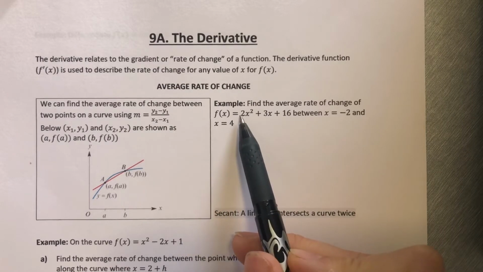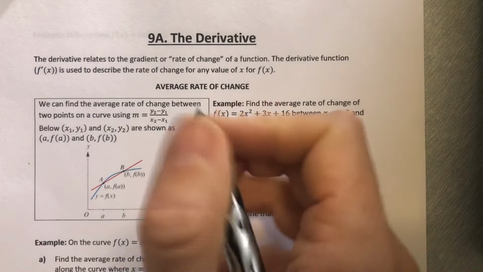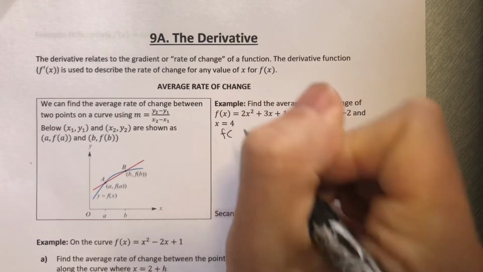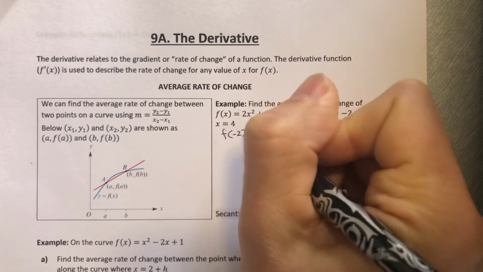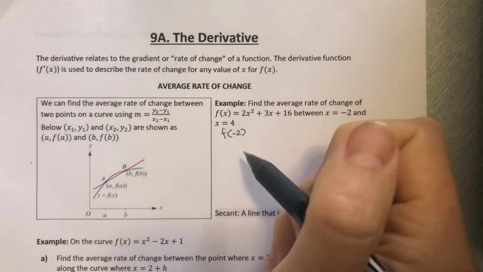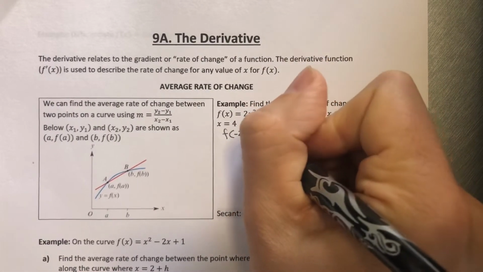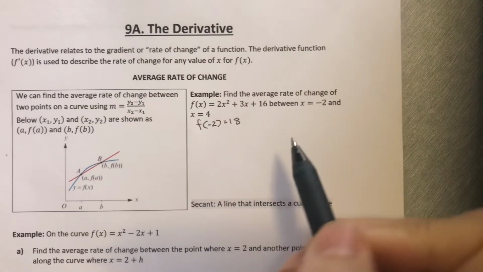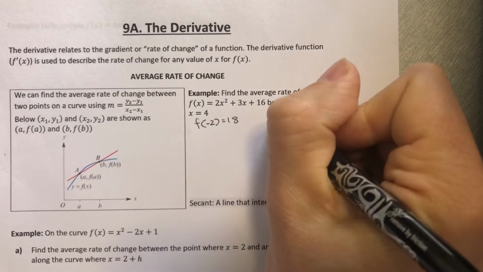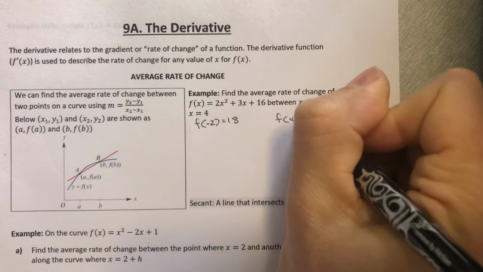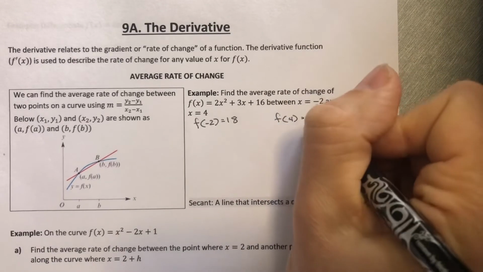So when you do that, you're going to find that f of -2 is going to be 18. I'm just trying to save some time and space here. And f of 4, that's going to be 60.